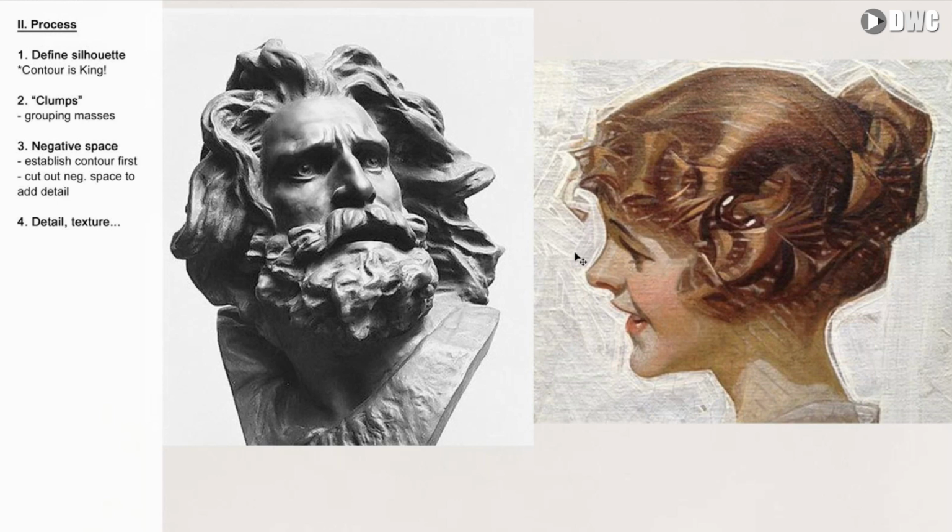Then step three, we look for the negative shape. We'll look at some examples, but negative shapes help us to add detail. And finally, the last step is now you can add the detail. You can add the wispies, a few stray hairs, highlights, little things like that, texture. That's when you do that, all the way at the very end.